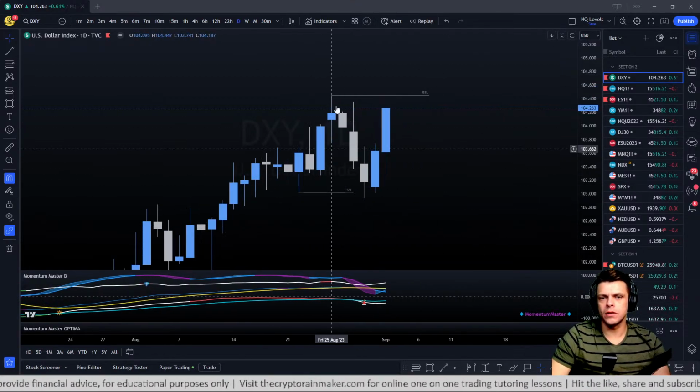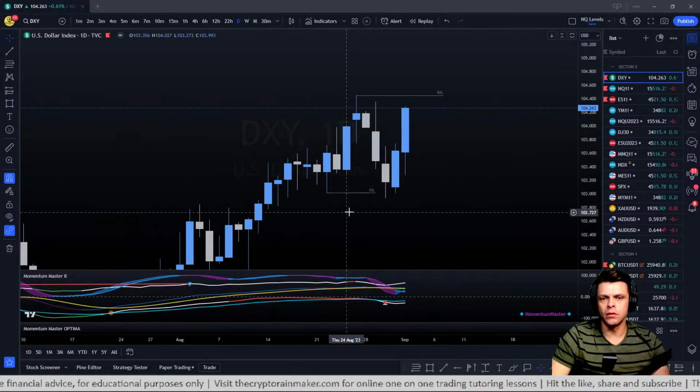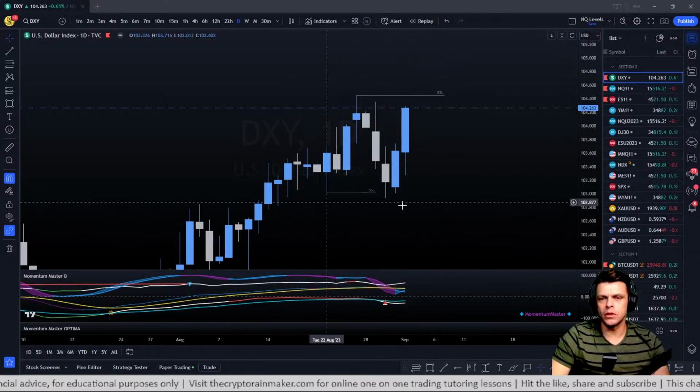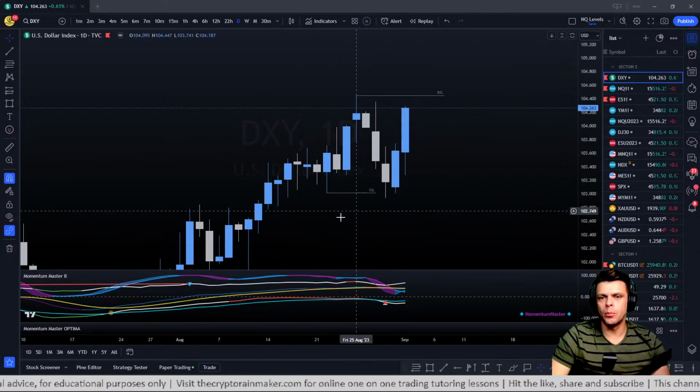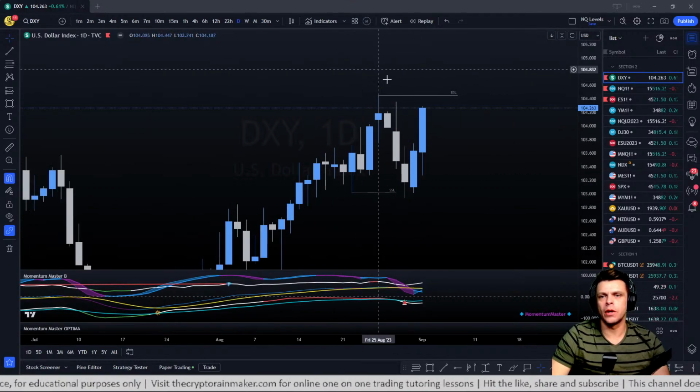So the idea is, if the market makers brought price down to basically buy up all of the sell side liquidity or the sell stops, they would want to pair these positions with the liquidity in this area right here.